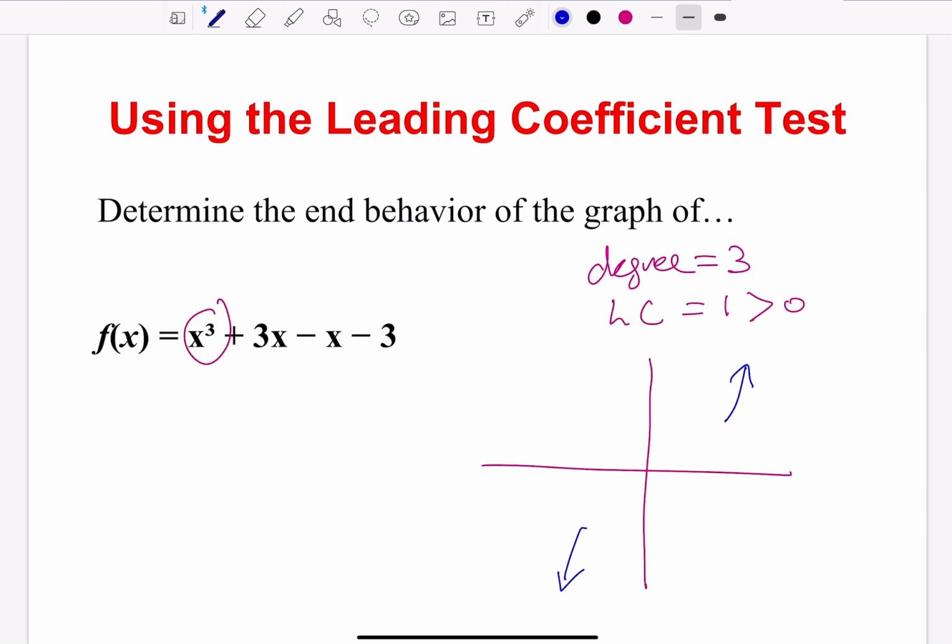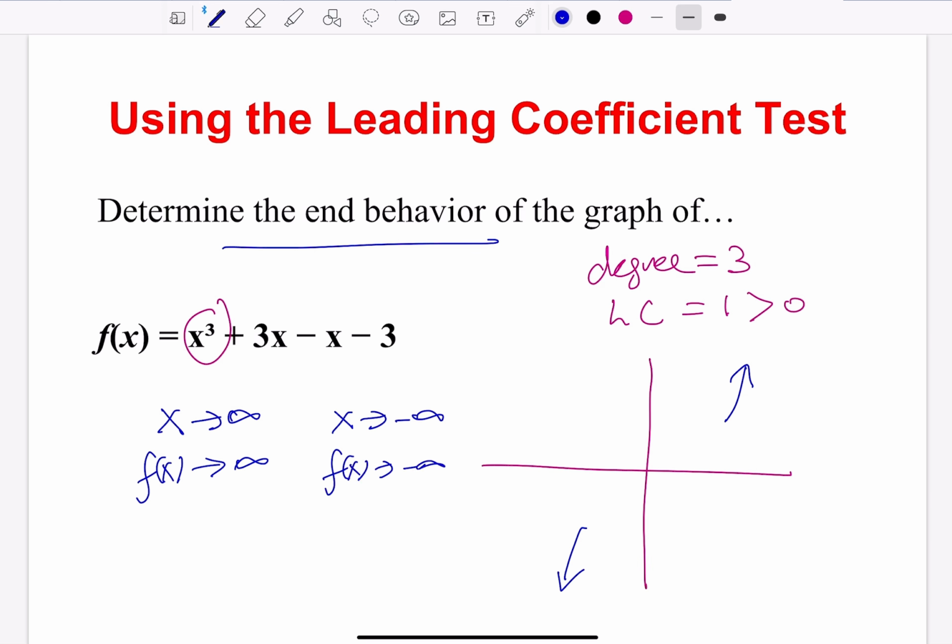And of course, there are going to be twists and turns in the middle of the graph, but we're only thinking about the end behavior. We can write it as: as x becomes very, very large positive, f of x also becomes very large positive. As x becomes very large negative, f of x also becomes very large negative. Because as x is decreasing, as I'm going to the far left, the y values are also getting smaller and smaller. As x is increasing, y is also increasing.